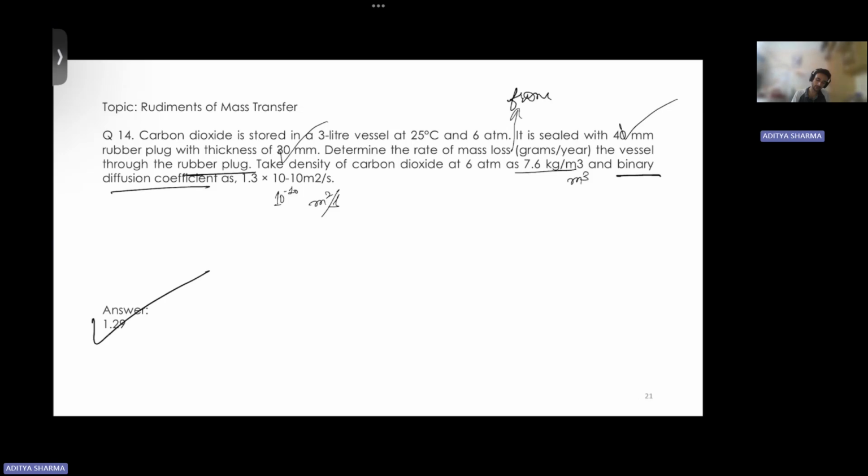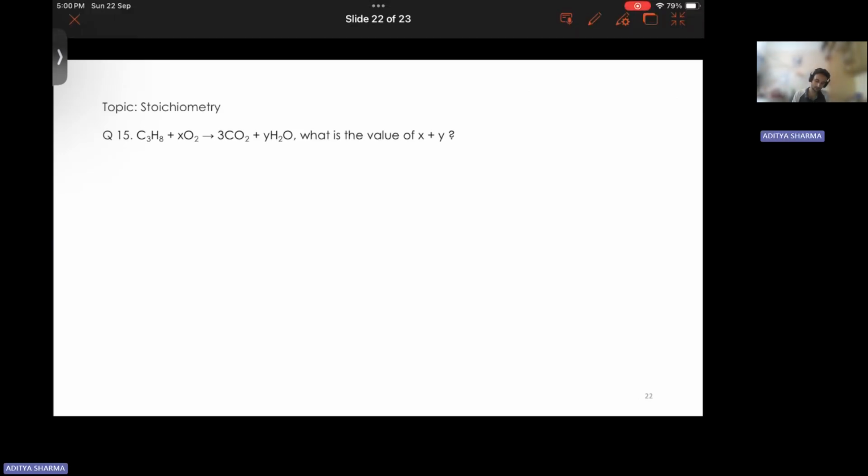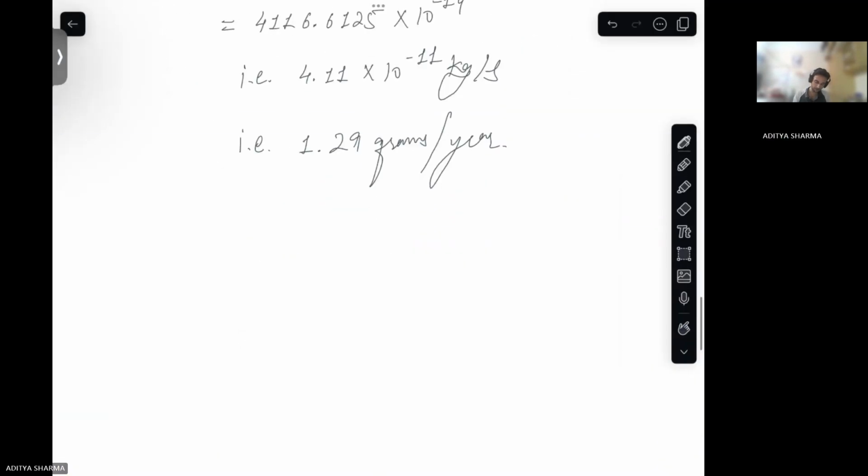So this was question number 15 and the last question of the session. What is the value of x plus y? C3H8 plus xO2 gives yCO2 plus H2O.